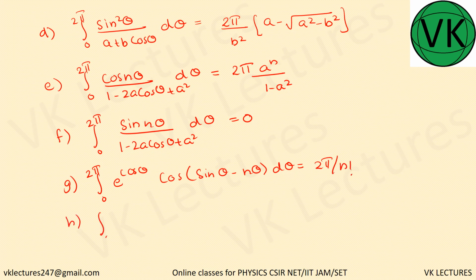Then integral 0 to 2 pi e raised to cos theta sin of sin theta minus n theta d theta is equal to 0. So these are some useful formulas where direct answers are given.